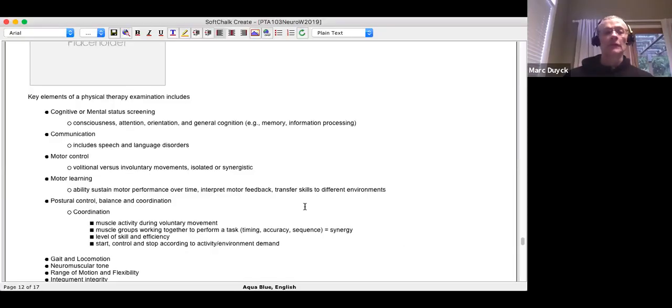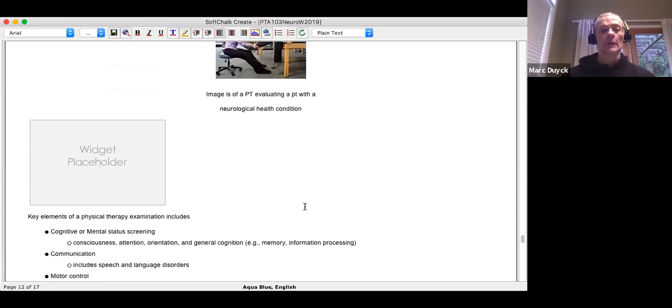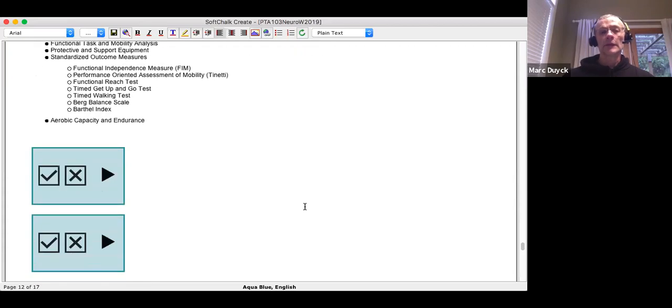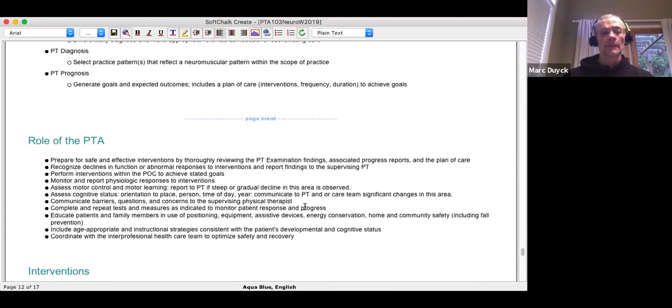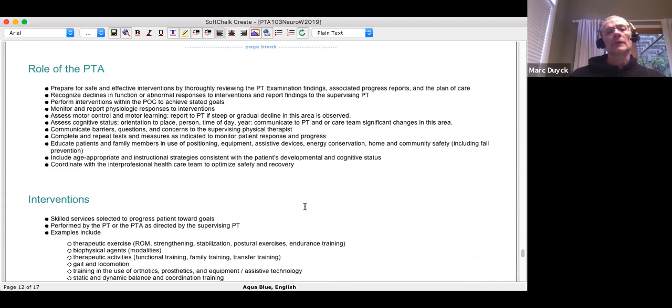So I'm going to just share with you the references that I'm talking about. You see these below. And then let's get into the role of the PTA, to mirror or take from the examination or the evaluation and to include it in some interventions.